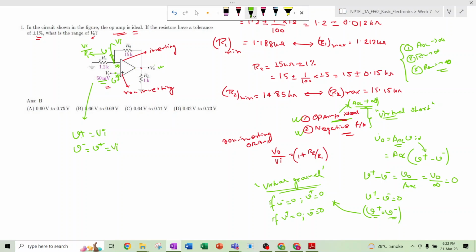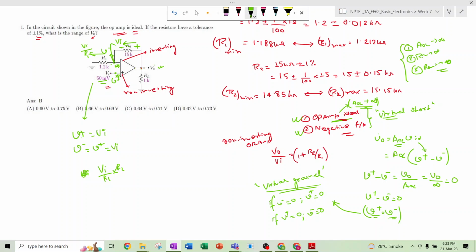This is R1. As we have already said, the op amp is ideal, so no current will flow into the op amp terminal, so this entire current should flow through this resistor. As the current flows through the resistor, there will be some potential drop, which will be Vi divided by R1 into R2. And the polarity should be plus here and minus here.